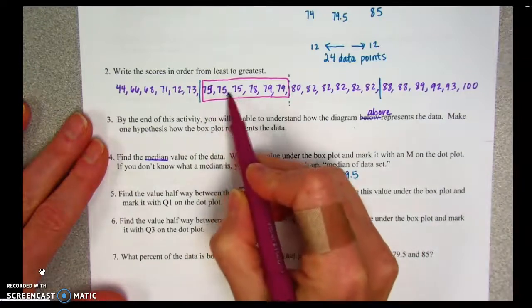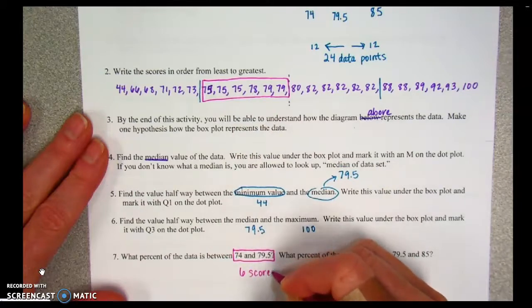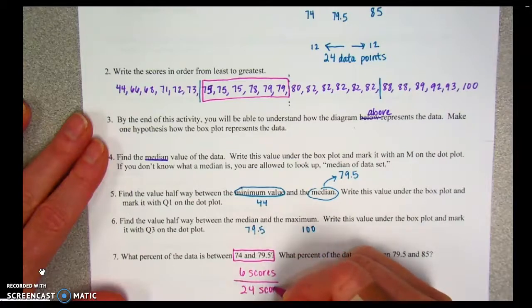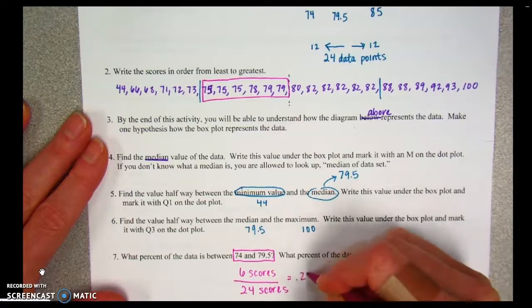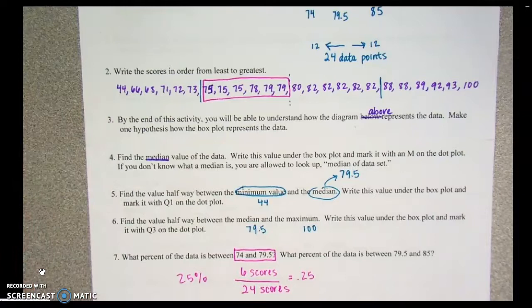Well, that is 1, 2, 3, 4, 5, 6 scores out of the 24 scores that were in the set. 6 divided by 24 is 0.25, so 25% of the data is in that area.